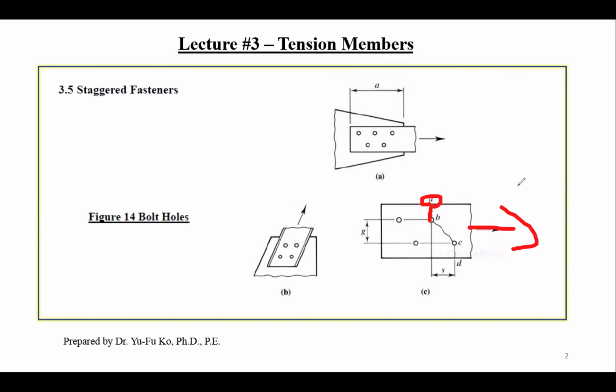Got it. Thank you. If your loading is coming from here, then it starts from here. You got it? Or if the loading is coming from the bottom, you can say start from here, or from here. Either way.